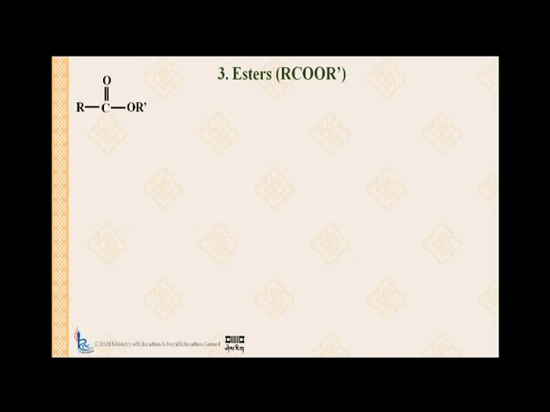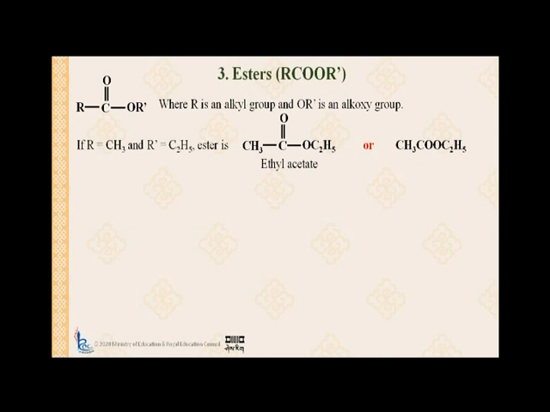For example, in RCOOR', R is an alkyl group and OR' is known as an alkoxy group, where O stands for oxygen and R' stands for an alkyl group. Let's say R is CH3, the methyl group, and R' is ethyl, C2H5. The ester we get is CH3COOC2H5. So this is the ester we are getting.